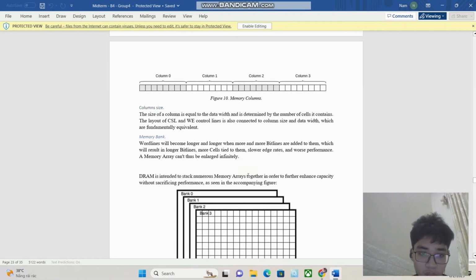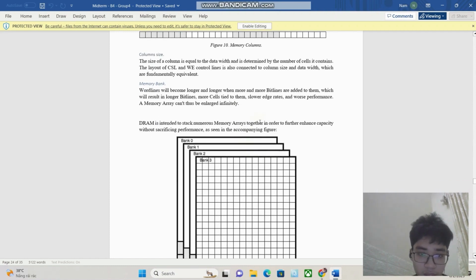Memory bank. The word line will become longer and longer when more and more bit lines are added to it, which will result in longer bit lines, more cells tied to them, slower access rate, and worse performance. A memory array cannot thus be enlarged infinitely.